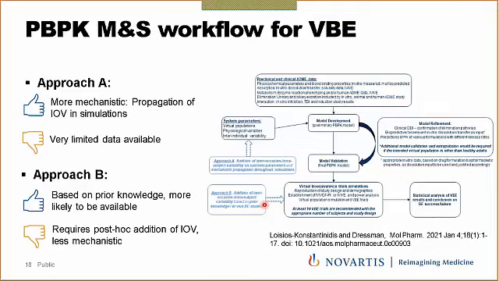With regard to the first approach, of course this is considered more mechanistic, but on the other hand there are very limited data available on physiological parameters, especially in the GI tract, and their intra-subject variability.